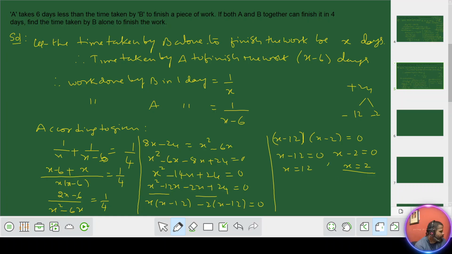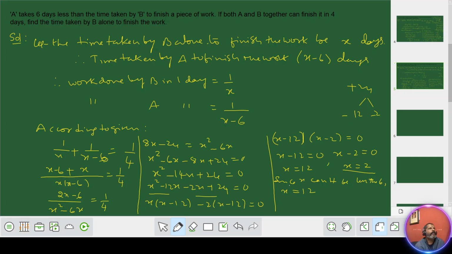Why? x cannot be less than 6 days, because if you take 2 as x, work done by A becomes 2 minus 6, that is minus 4. Nobody completes work in negative days, right? So since x cannot be less than 6, we take x equal to 12.